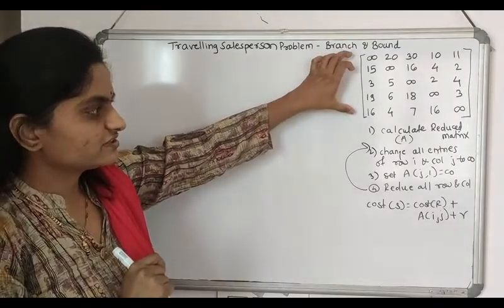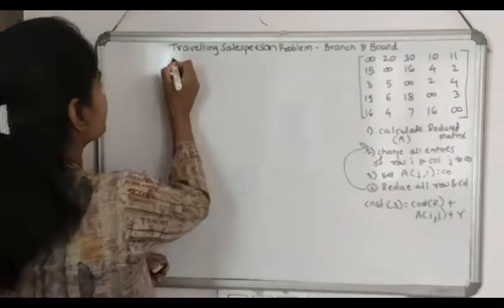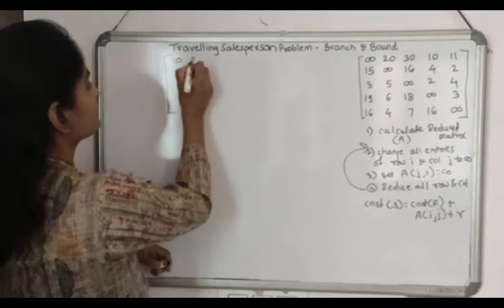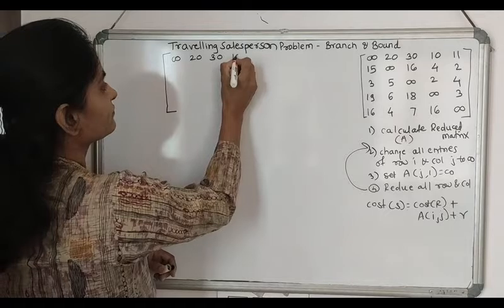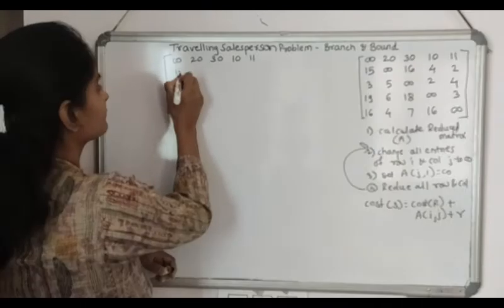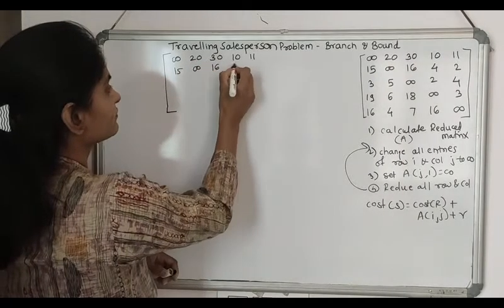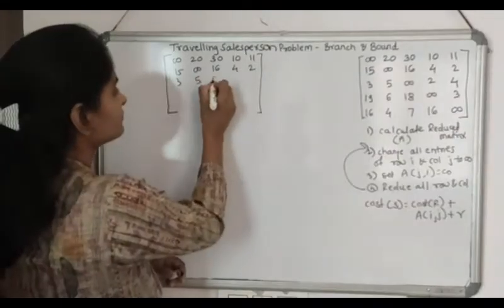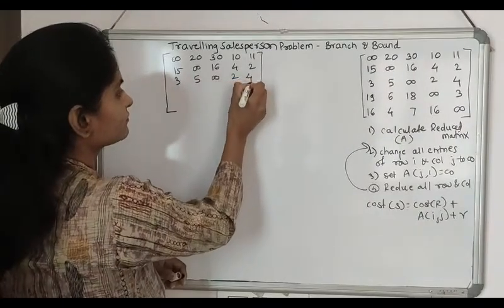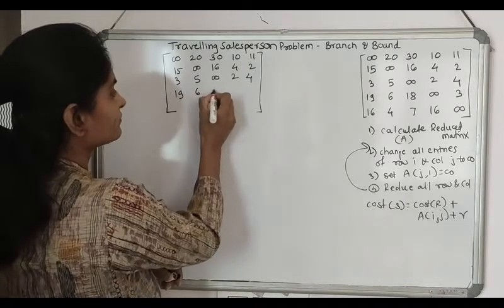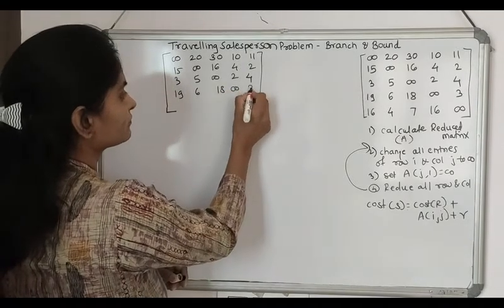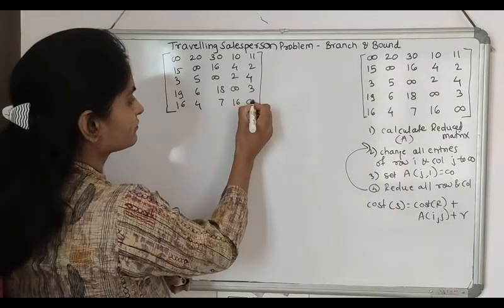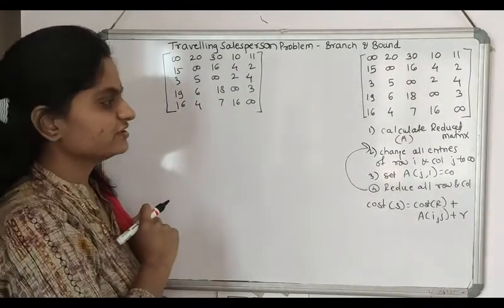Consider this adjacency matrix. This is the given adjacency matrix.